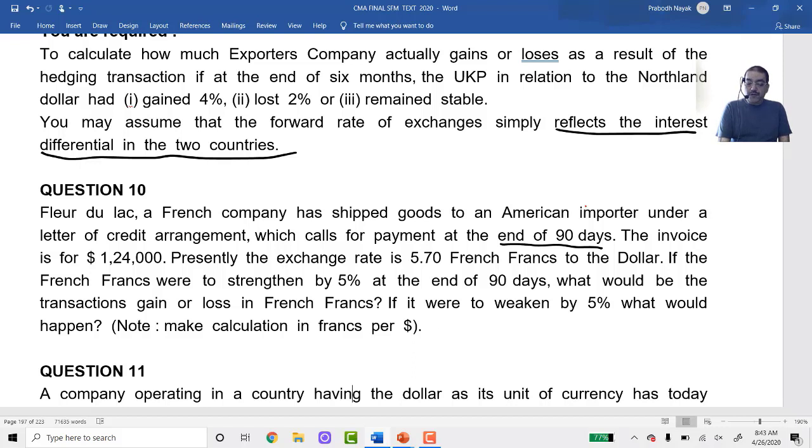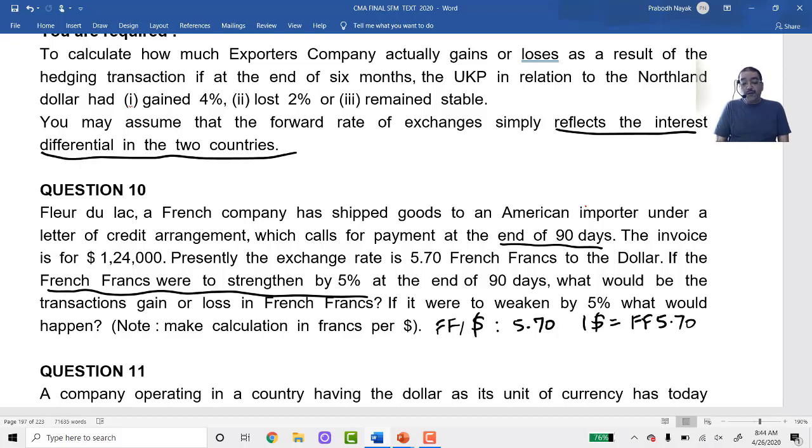So how do we write this? We write this as French francs per dollar equals 5.7. If the French francs were to strengthen by 5%, how do I write this now? I write $1 equals 5.7 French francs.